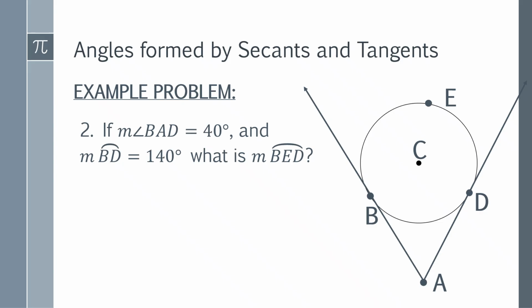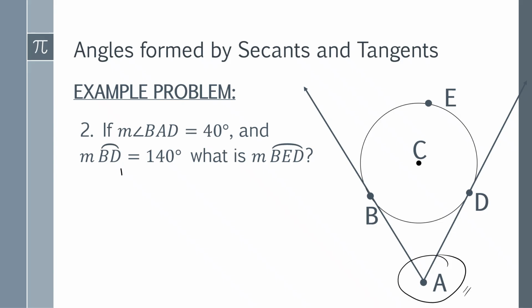Done already? So let's see if your answer is correct. Remember, the point of intersection is located outside the circle. If it is outside, therefore, their intercepted arcs must be subtracted.